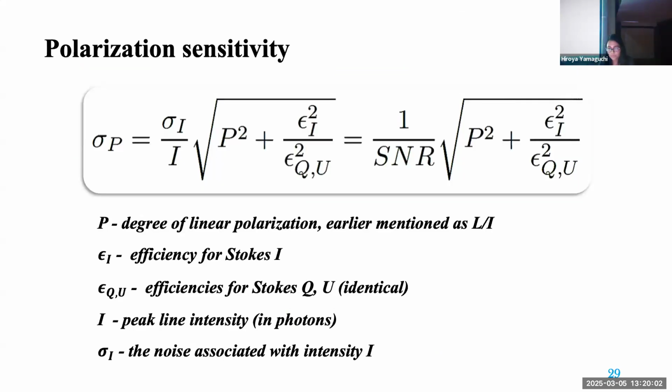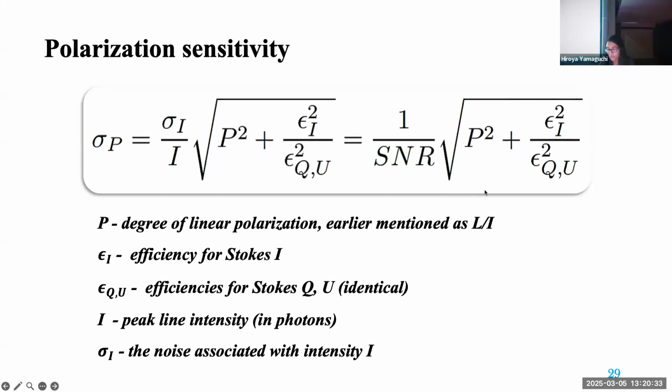To derive that, we use this equation, which can be derived through error propagation in the linear polarization L over I, which here is represented as capital P. Here sigma I is the noise associated with Stokes I, the total intensity, epsilon I is the efficiency for measuring Stokes I, and epsilon Q and U are the efficiencies for Stokes Q and U.